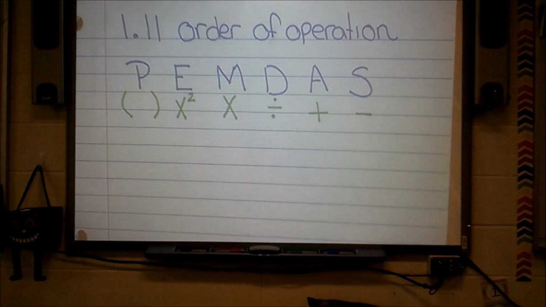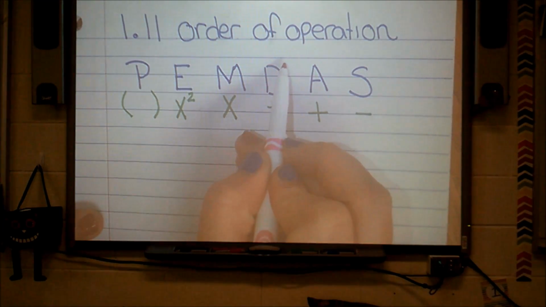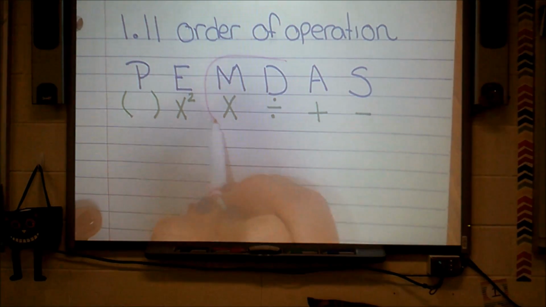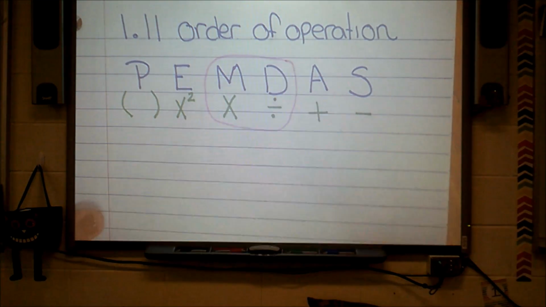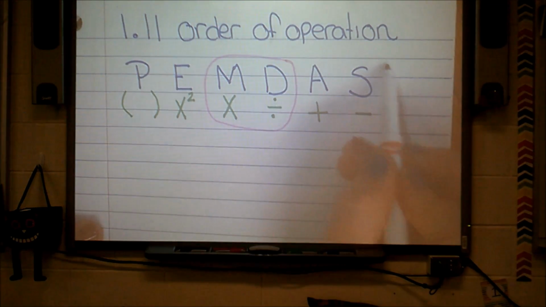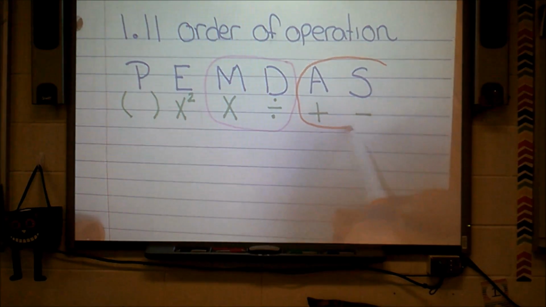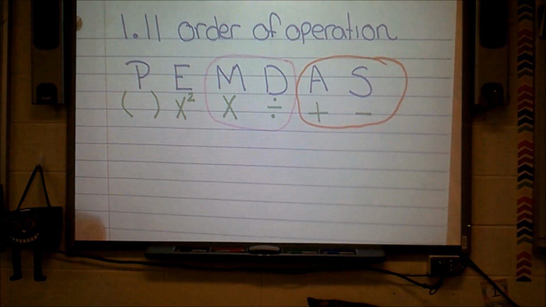Please, when you write this down, take a marker or a highlighter and circle your M and your D together, and also in a different circle, maybe even a different color, circle your A and your S. The reason I want you to circle your M and your D is that they go together.